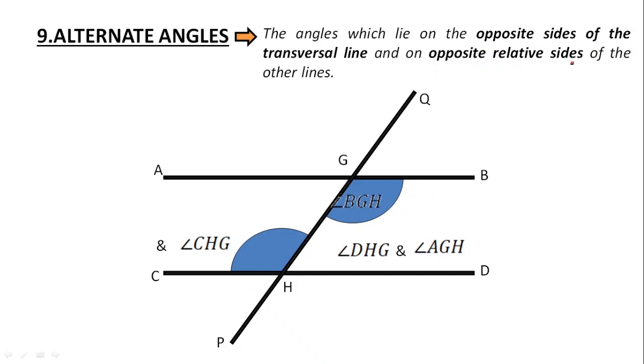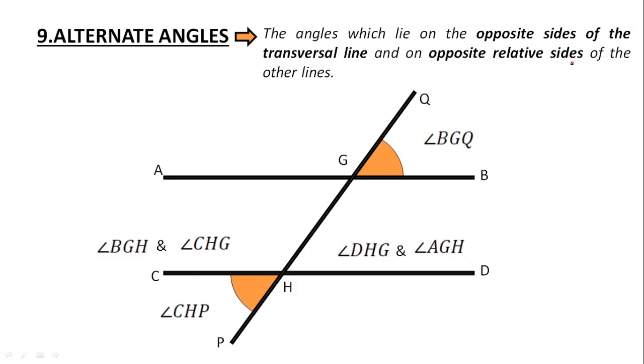So BGH and CHG are also alternate angles. Okay, next, BGQ and CHP are also alternate angles. Why? Because this is on the right side of the transversal, so it should be left side of the transversal. So this is above the line, so it should be below the line. So these are also alternate angles.